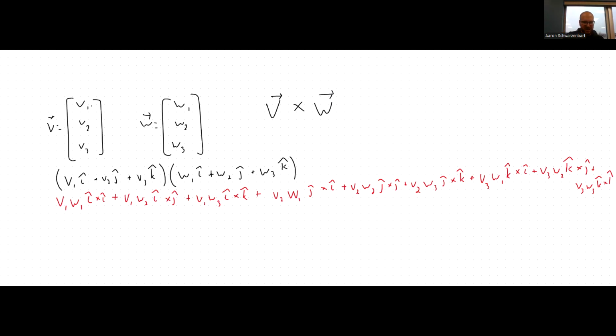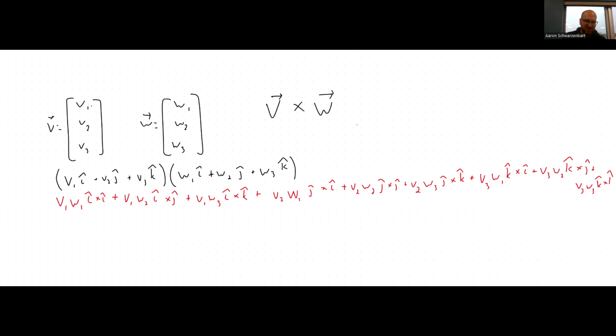So when I'm looking at i hat cross j hat, I go towards the x, turn my fingers towards j, which is y, towards positive j, and my thumb points in the direction of the vector, that's k. So i hat cross j hat is k hat.